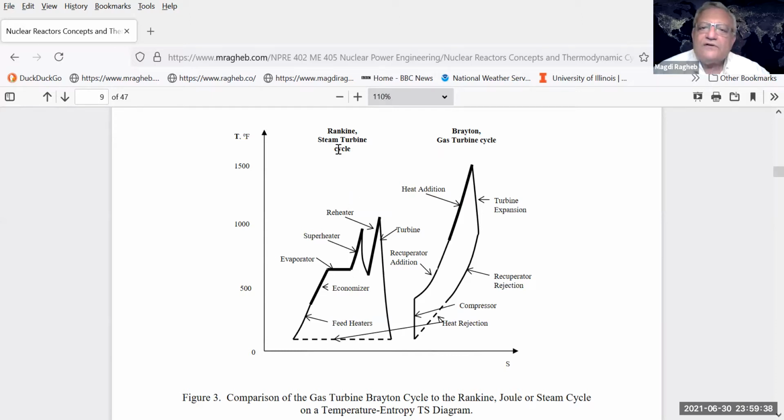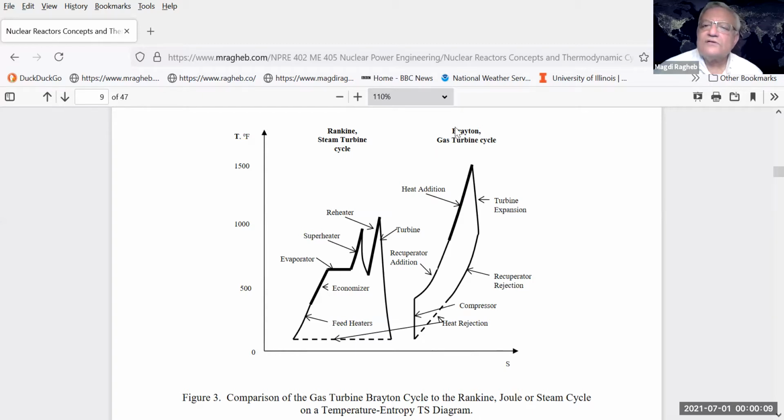You can notice here that the Rankine or the steam turbine cycle reaches temperatures in the range of 500 to 1,000 degrees Fahrenheit. However, if you really want to reach higher temperatures, and we suggested that that would be associated with an increase in efficiency from 30% maybe to 40%, then you use a gas turbine cycle or what's called the Brayton cycle.